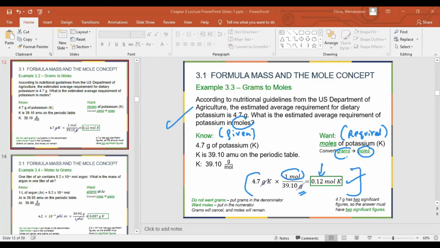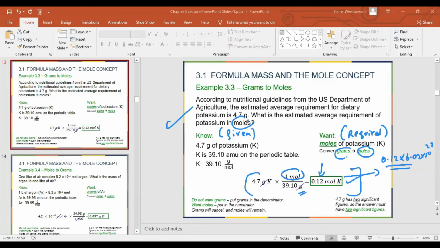If you are asked how many particles there are in 4.7 grams of potassium, then you can expand this by multiplying 0.12 times 6.02 times 10 to the power of 23. That was a question Matt asked earlier. How do we know? In this case, they didn't ask us to calculate how many particles of potassium are here.